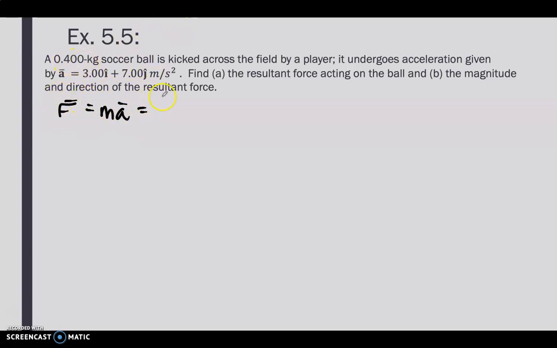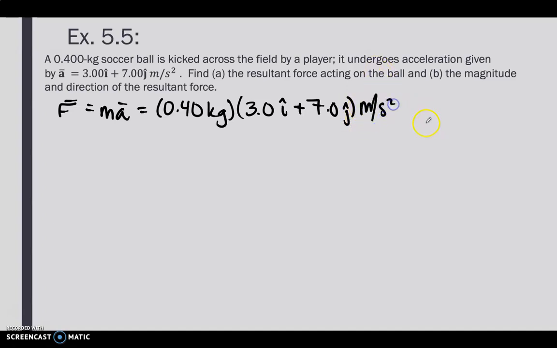We take our mass, which is 0.40 kilograms, and we multiply it by our acceleration, 3.0 i hat plus 7.0 j hat. This is in meters per second squared.